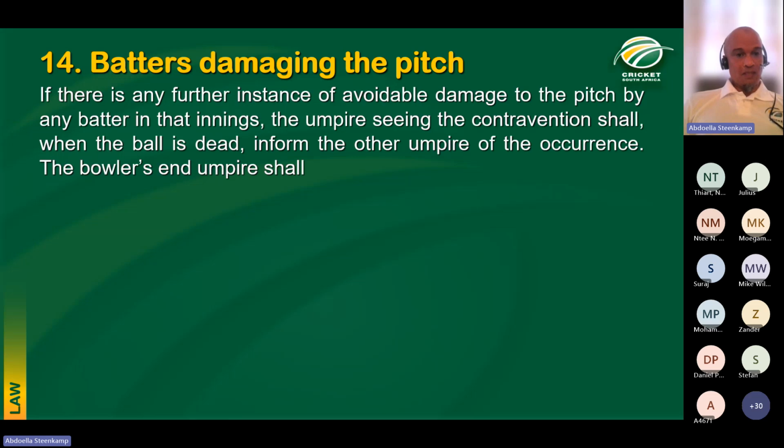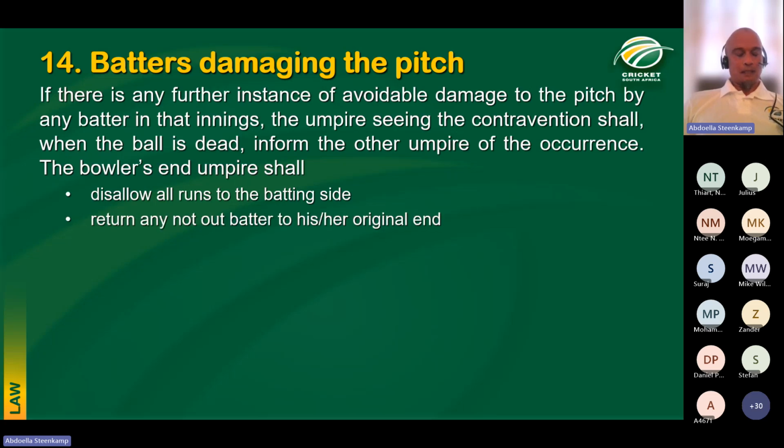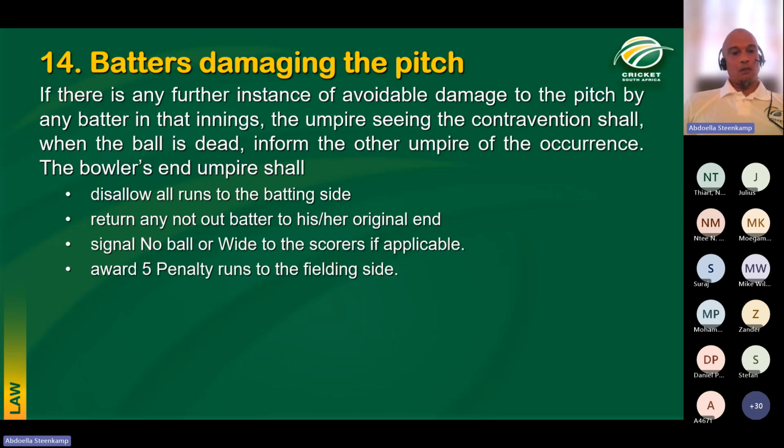Again, now in the same innings, the batters cause avoidable damage to the pitch. What now needs to happen? The umpire seeing this, and when the ball is dead, needs to inform his or her colleague of what just happened. Now the bowler's end umpire needs to disallow all runs to the batting side. Return any not out batter back to his or her original end. Signal no ball or wide if applicable.